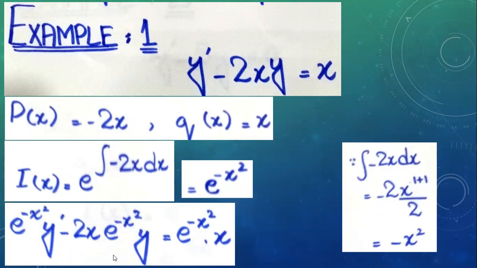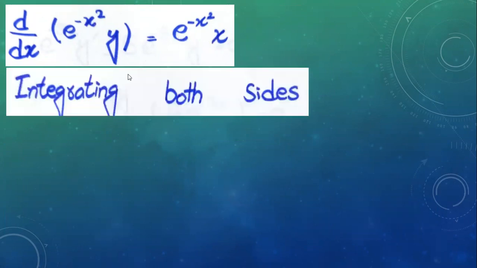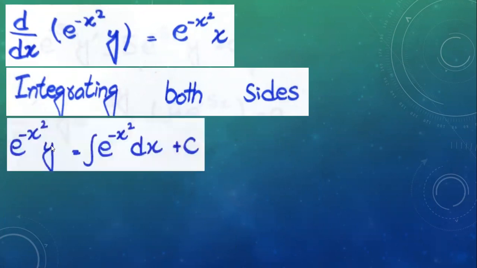Now I am going to invert the product rule. I can write both these terms as a single derivative, d by dx of exponential minus x squared times y. On the other side, I keep the same value. Now I will integrate both sides. When I integrate, this derivative will be cancelled, since my objective is to find y.